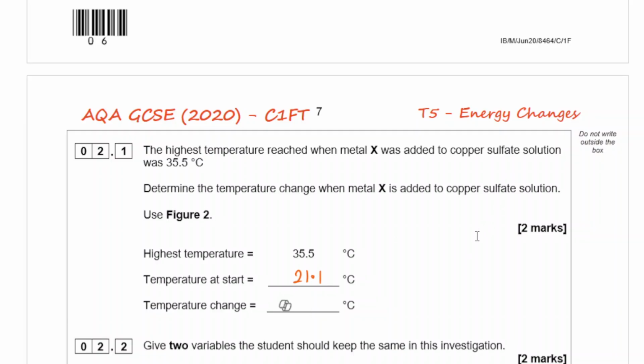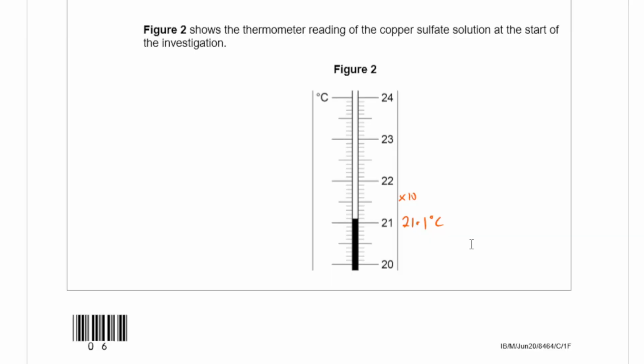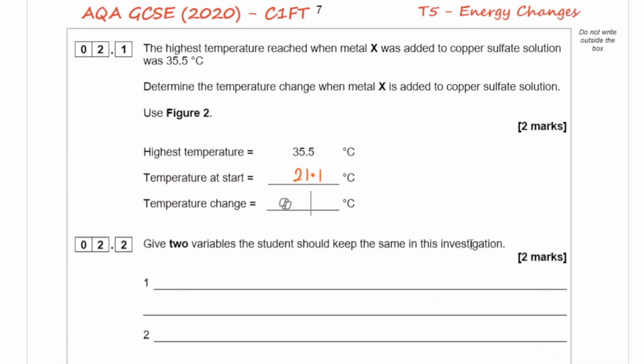Let's double check that again. It's 21 and it is up to the first bar. So the temperature change is 35.5 minus 21.1 will give you 14.4 degrees Celsius.